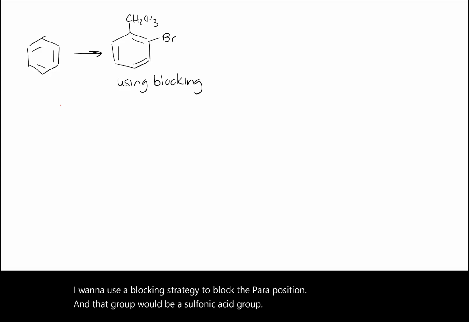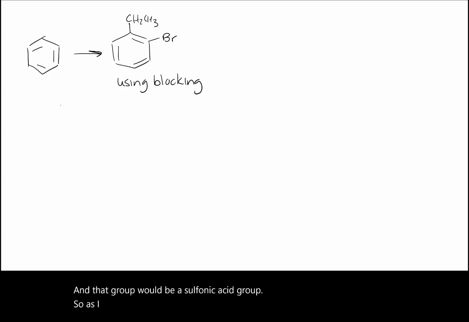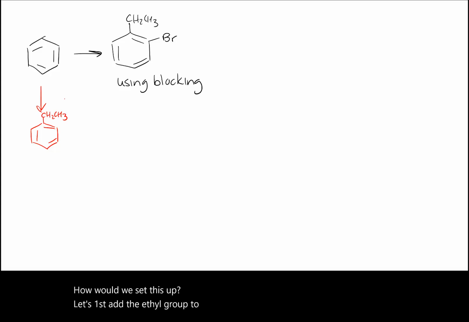So, as I showed you in, I think, Monday's lecture, how would we set this up? Let's first add the ethyl group to the ring. Let's add the sulfonic acid group to block the para position.